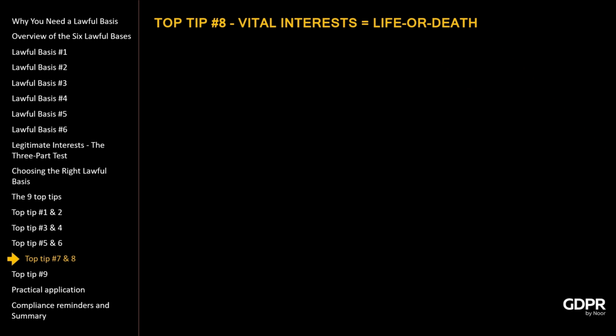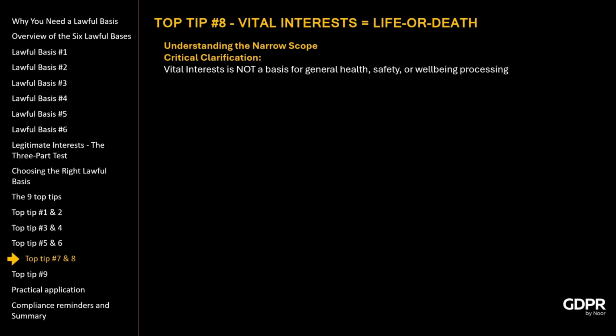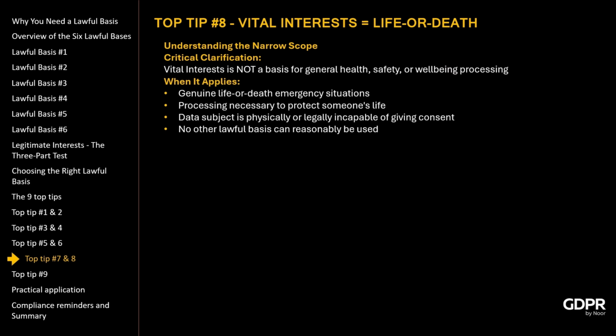Tip 8. Vital interest is for emergencies only. This basis is not for general health, safety, or well-being processing. It is reserved for life or death emergencies. It applies when processing is necessary to protect someone's life, the person cannot give consent, or no other lawful basis is available.